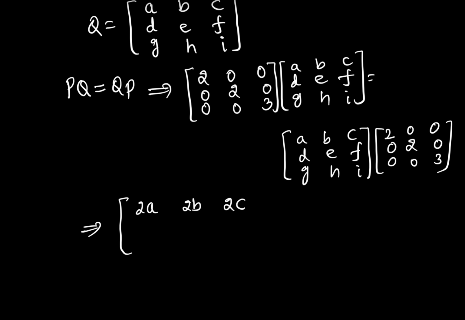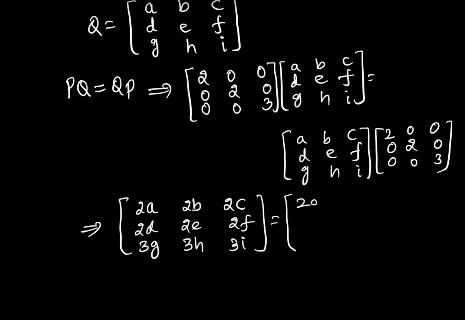Second row 2D, 2E and 2F. Now coming to the third row, it's 3G, 3H, 3I. That is about the left hand side. Now move on to the right hand side.